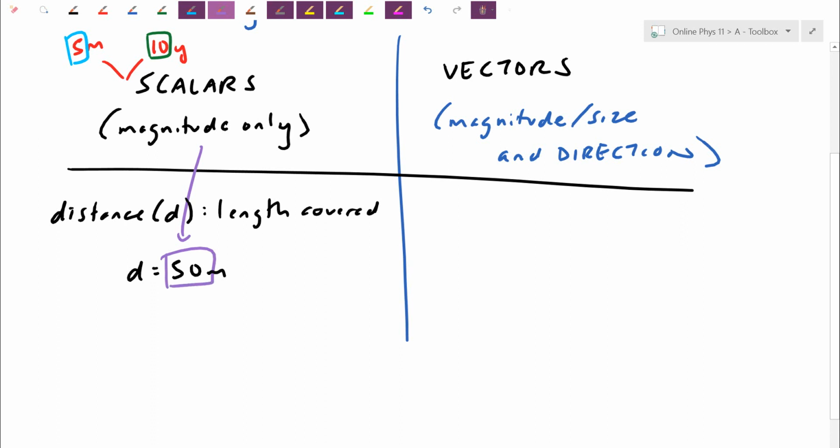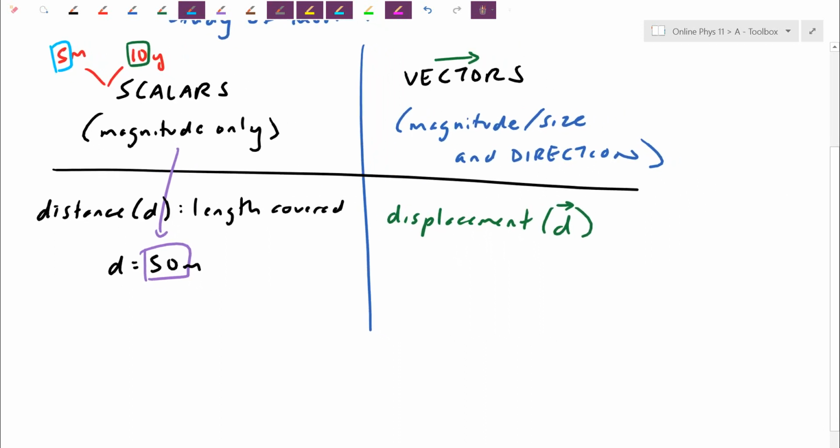Right? Now what we're going to see in this chapter here is we actually have a vector form of distance. We have a form of distance that actually not just tells you how far, but it actually tells you how far in what direction. We're going to introduce this name here called displacement. You may have seen that in some of your junior science classes here. I'm going to put the same D symbol. But because vectors here have direction, they have an arrow to it, I'm going to put an arrow over top of it.